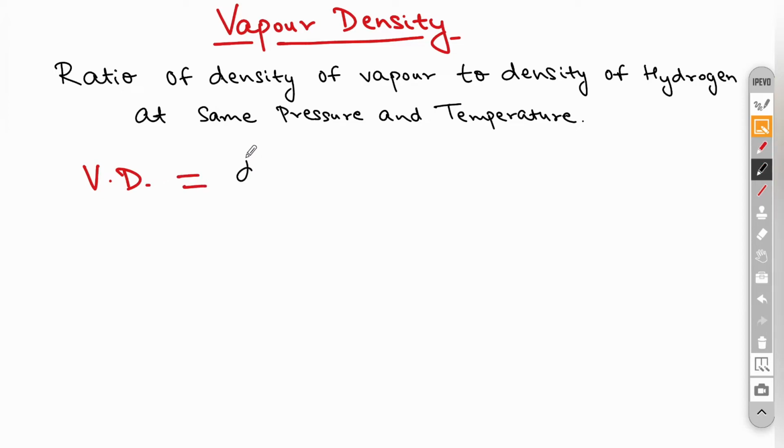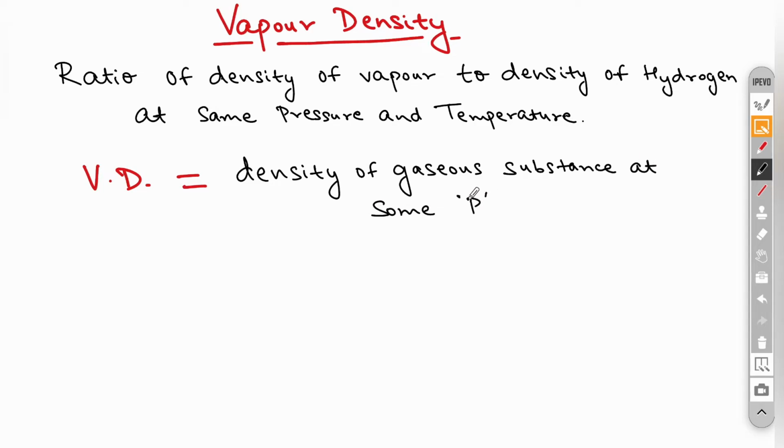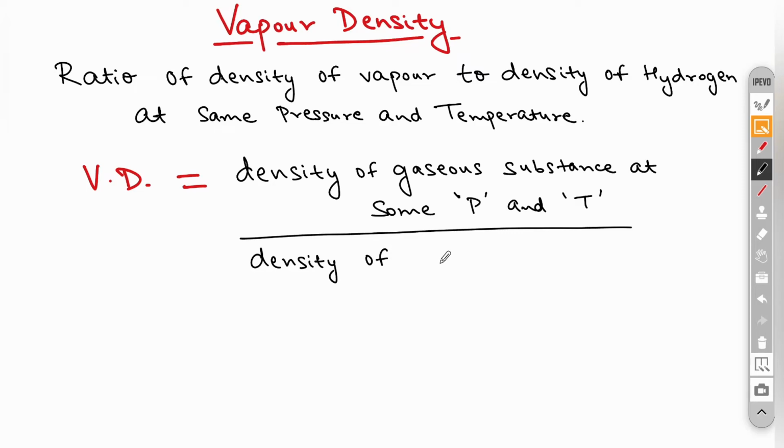Vapor density is equal to density of gaseous substance, which is vapor, at some pressure and temperature, divided by density of hydrogen gas at same pressure and temperature.